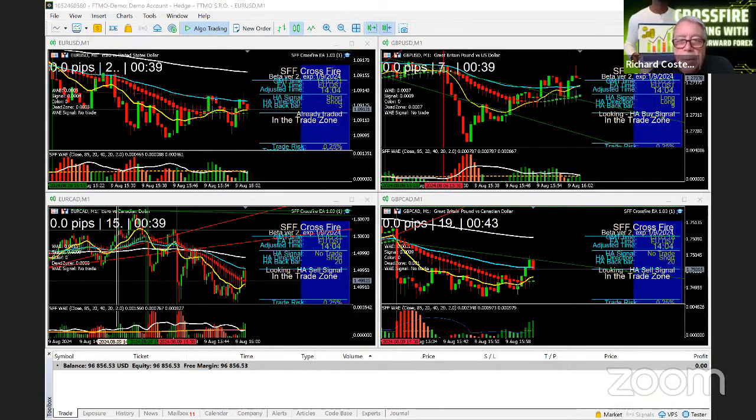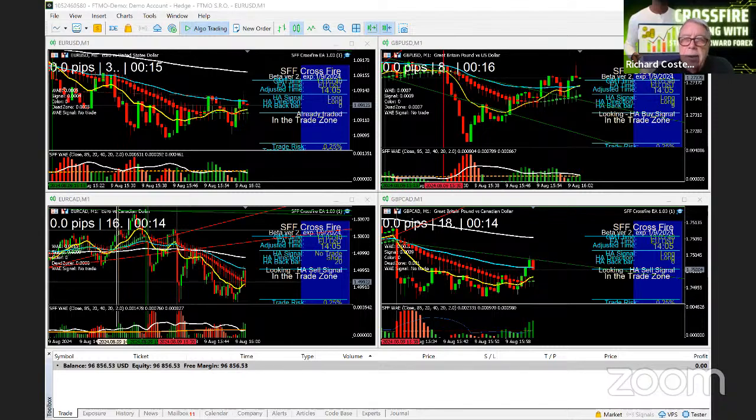So the stop loss was up here, but it's taken me out before the stop loss because there's been a change of direction. Change of direction on the Heiken-Ashis, not on the actual candles. The actual candles are the same, prices going down, but the Heiken-Ashis have changed to green. The whole moving average has changed to green as well.